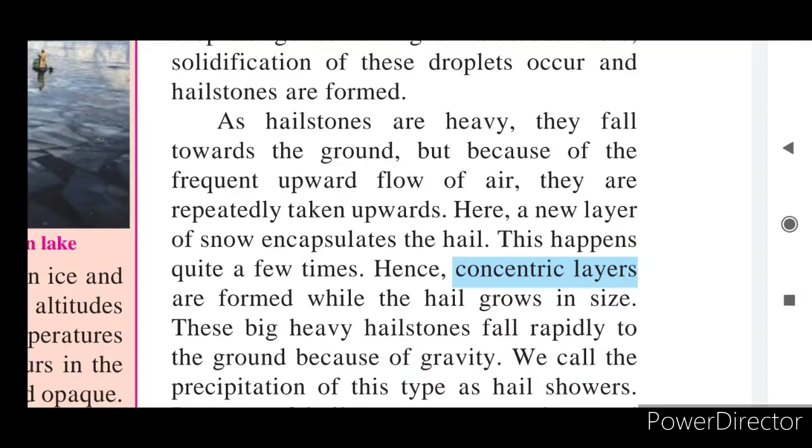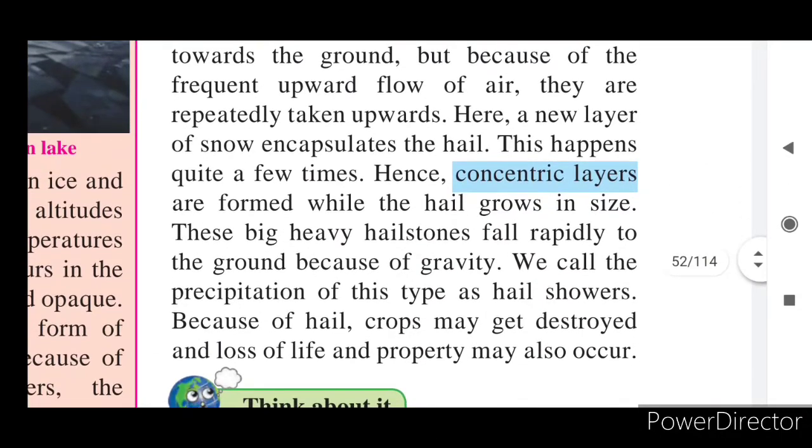These big heavy hailstones fall rapidly to the ground because of gravity. We call the precipitation of this type a hail shower. Because of hail, crops may get destroyed and loss of life and property may also occur.